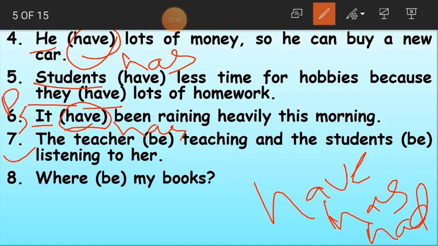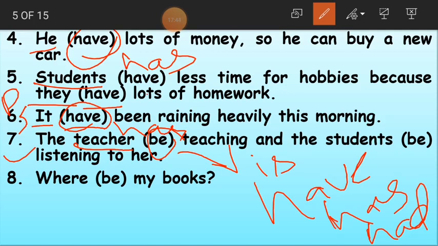Okay, I am telling something about English grammar and you are listening to me. So we are present here. So that is why this sentence comes under present tense. Okay, so the teacher, this be form, be verb is going to change as is. Why? Because teacher comes under singular form here.